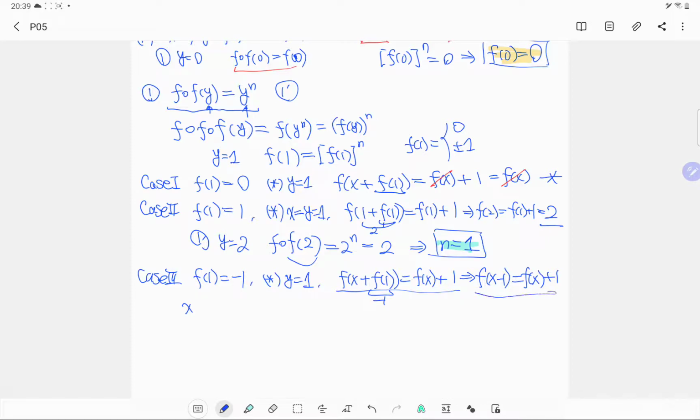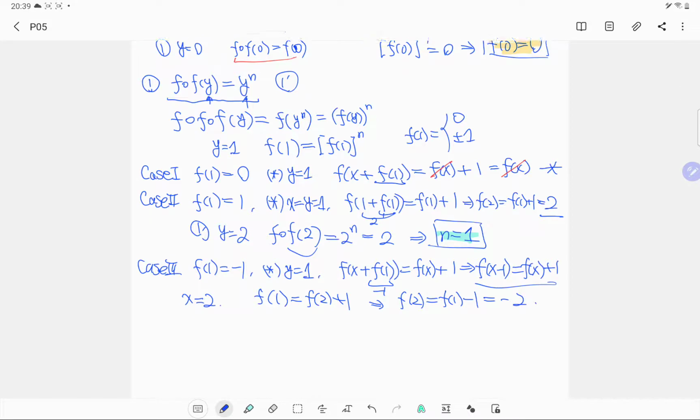In this one, we plug in x equals 2. So we'll have f of 1 equals f of 2 plus 1, which means that f of 2 is f of 1 minus 1, which is minus 1 minus 1, which is minus 2.